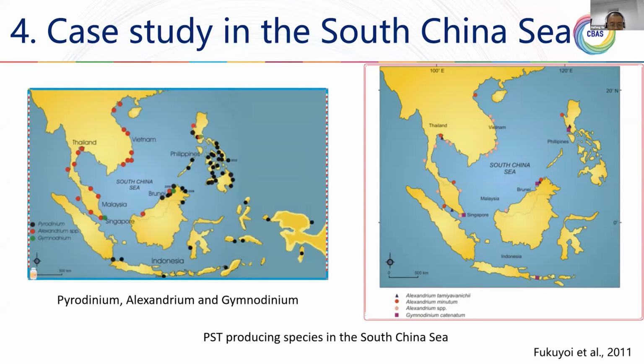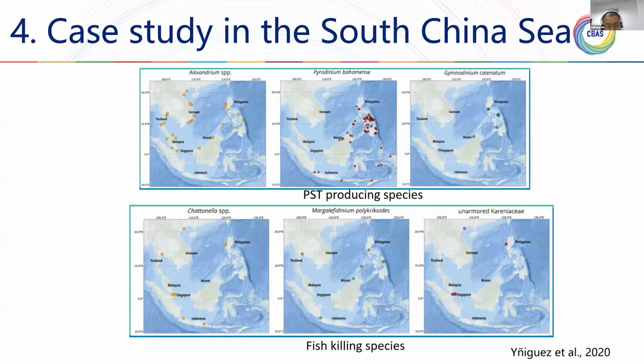It's interesting to note that Pyrodinium is only distributed in the east part of the South China Sea, and at that time, only two Alexandrium species, Alexandrium tamiyavanichii and Alexandrium minutum, were reported. Ten years later, in the updated maps, Pyrodinium is still only distributed in the east part of the South China Sea, and the records of Gymnodinium catenatum in the Gulf of Thailand are still rare.